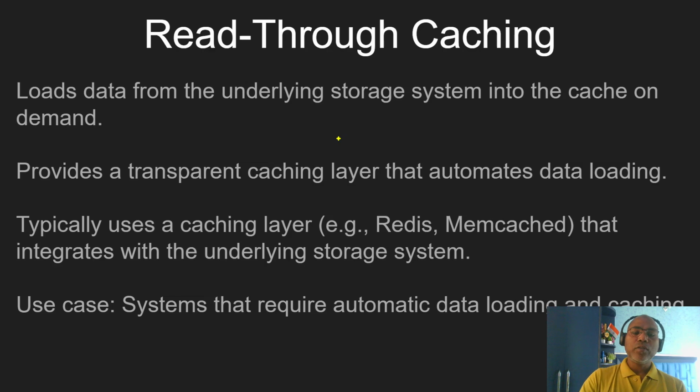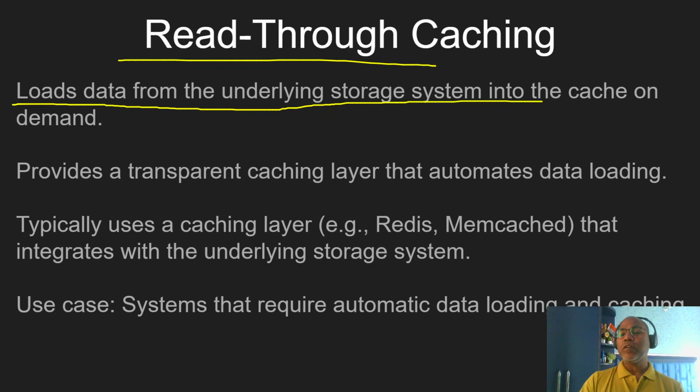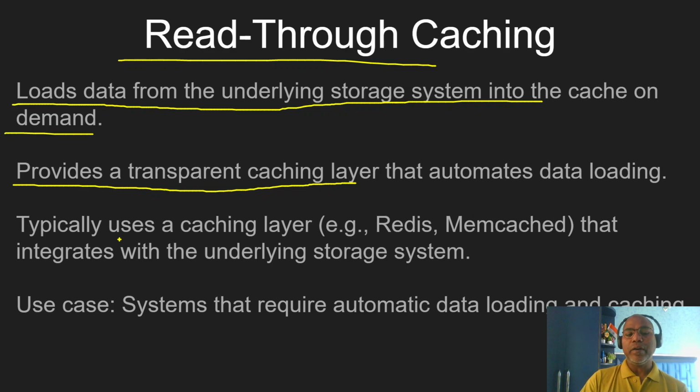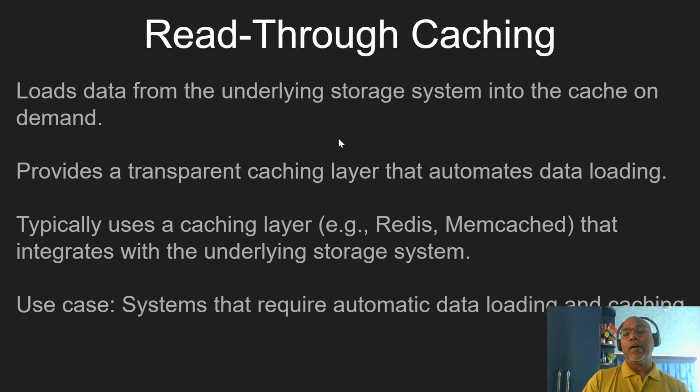Next, let's talk about read through caching. Here the data is loaded from the storage into the cache server on demand. This provides a kind of transparent caching that automates data loading, and you can use techniques like Redis or Memcached, which automatically load data into the cache.